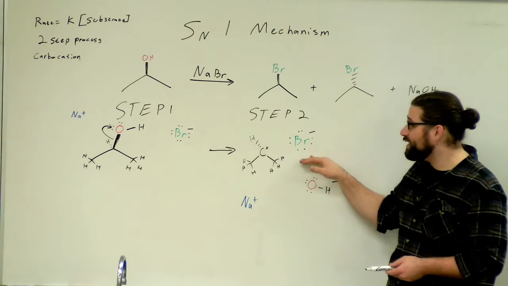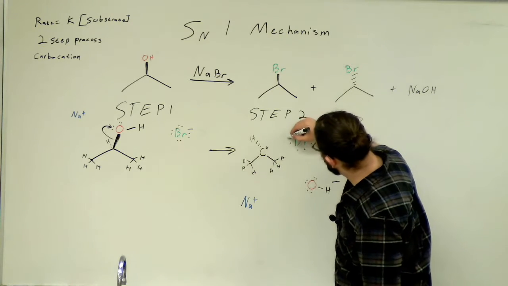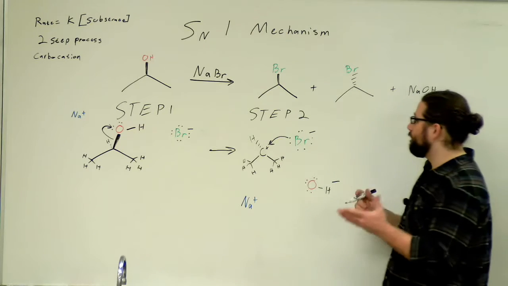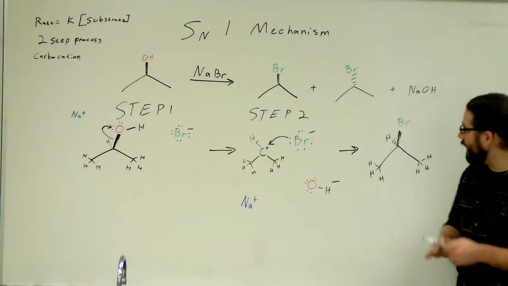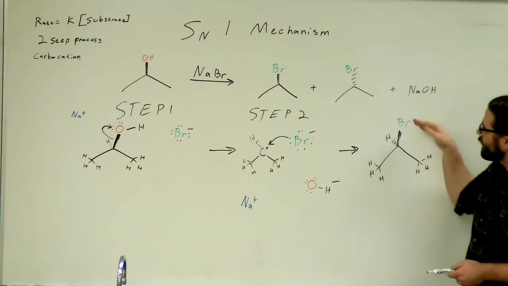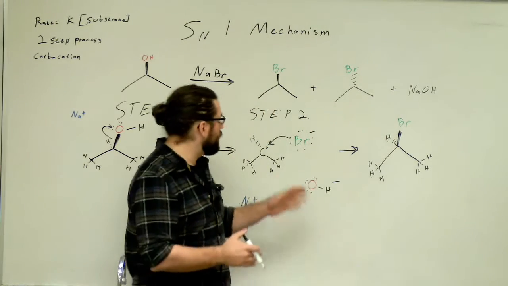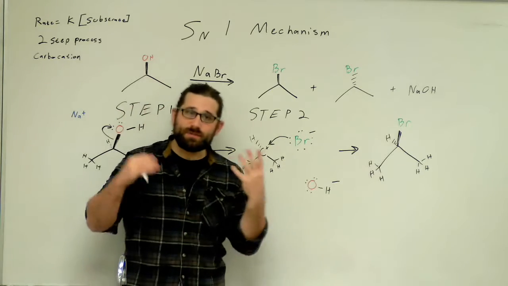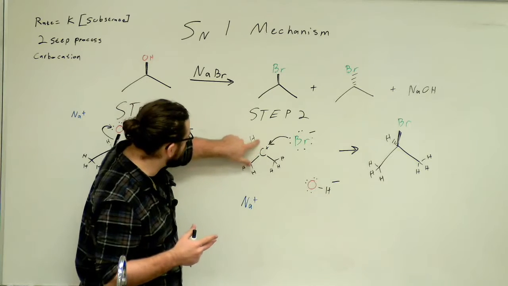Now, this bromine is very attracted to that carbocation, and that bromine is going to then form a bond with it. Now we have our final outcome. Our final outcome is the bromopropane. The bromine bonded into that carbon. However, while we have the carbocation, it's technically incorrect to draw this hydrogen like this because they're going to be spread out as far as they can, which means that this hydrogen is just going to be sticking straight out.